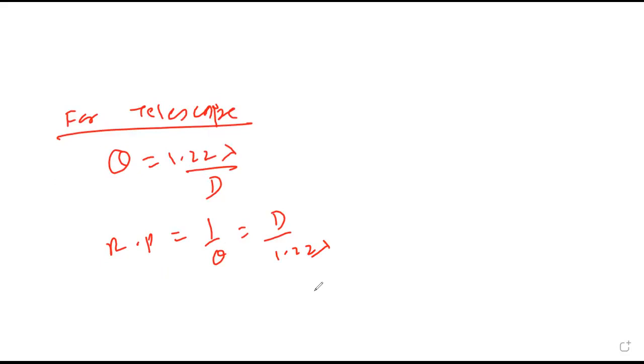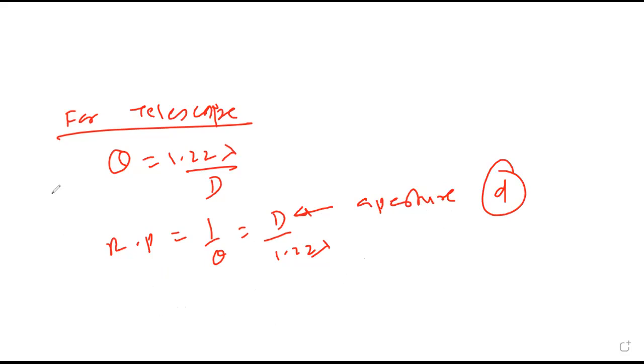This D means the diameter of the aperture. So it depends upon the aperture of the objective, option D. Tenth one, resolving power of a telescope is D upon 1.22 lambda.